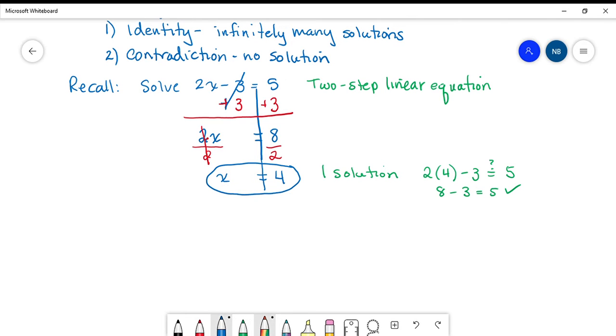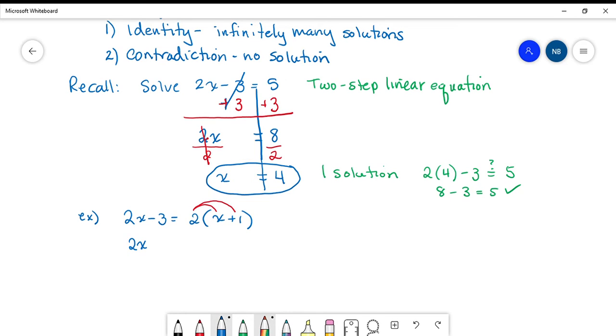All right, now let's look at example 1. This is a special case. The equation we're given is 2x minus 3 equals 2 times the quantity x plus 1. Now, the way I teach this, I encourage you to do all simplification first. Because I have parentheses on the right, I know there's something I can do to make that side simpler.